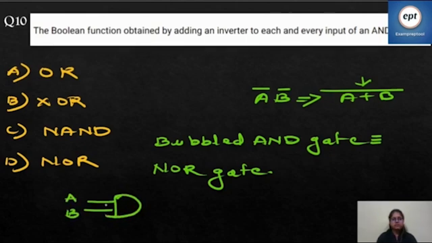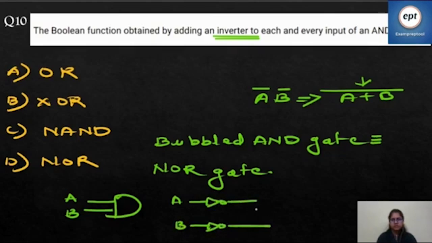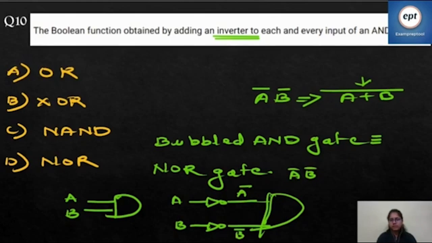Now they have said to apply the bubbles. To apply the bubbles, let's put the NOT. So the input will be A, here NOT is done, here B, NOT is done. Now here it will be A bar, here it will be B bar, and the AND gate we have performed, so A bar, B bar.